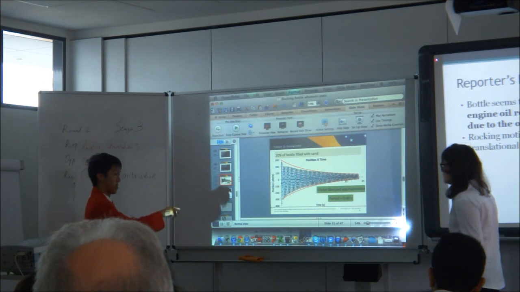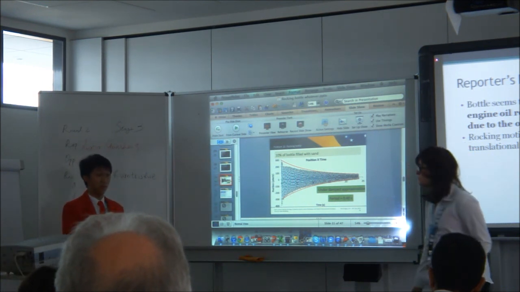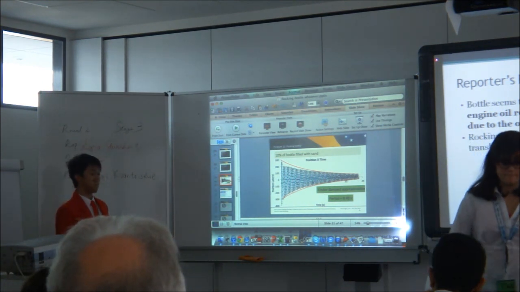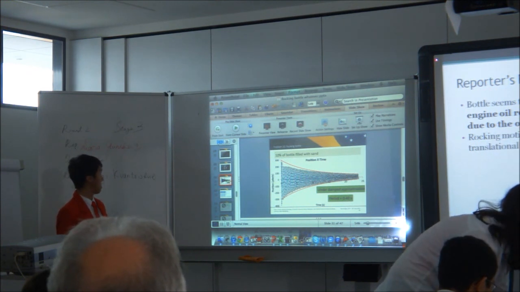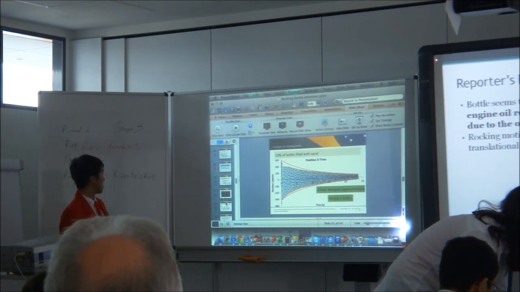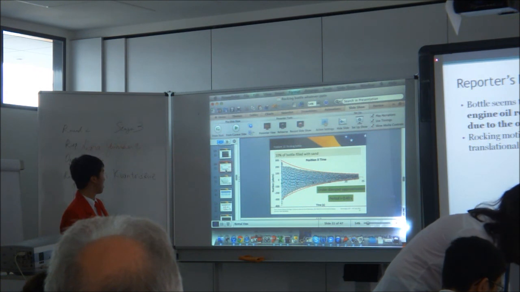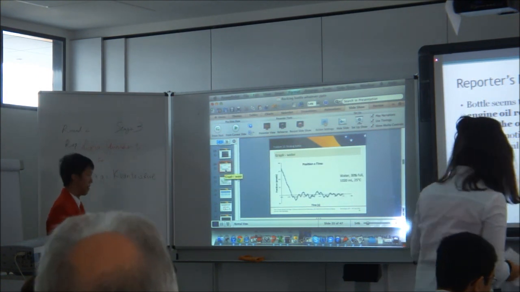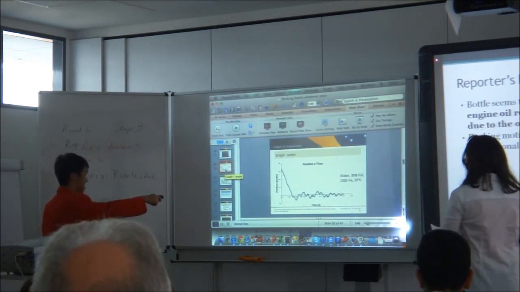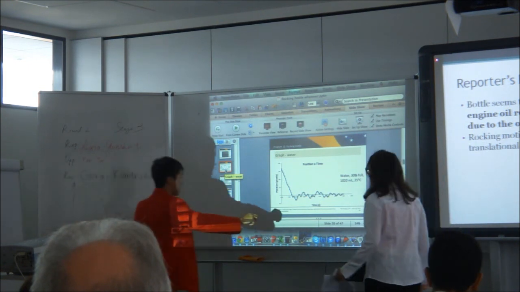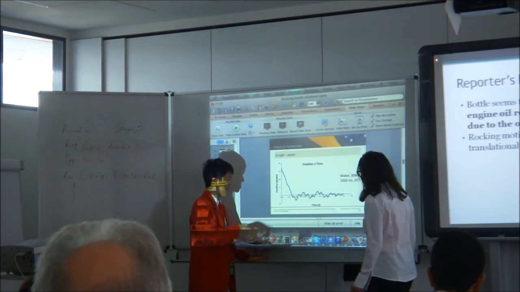So, can we look at your motion-time graphs if we fill the bottle with water? Sure. Okay, this is quite an interesting graph.